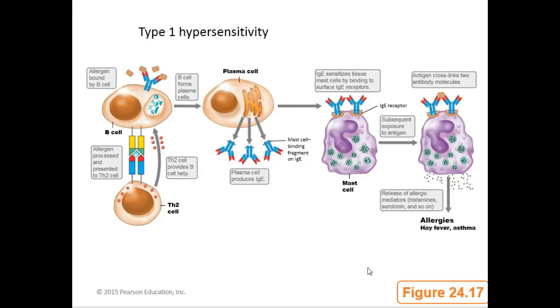And if it's a mild reaction, you can have hay fever and asthma, and if it's a huge reaction, you can go into shock or get closure of air passageways, depending on where these things are. So we say these are allergy events, and this is how they work.